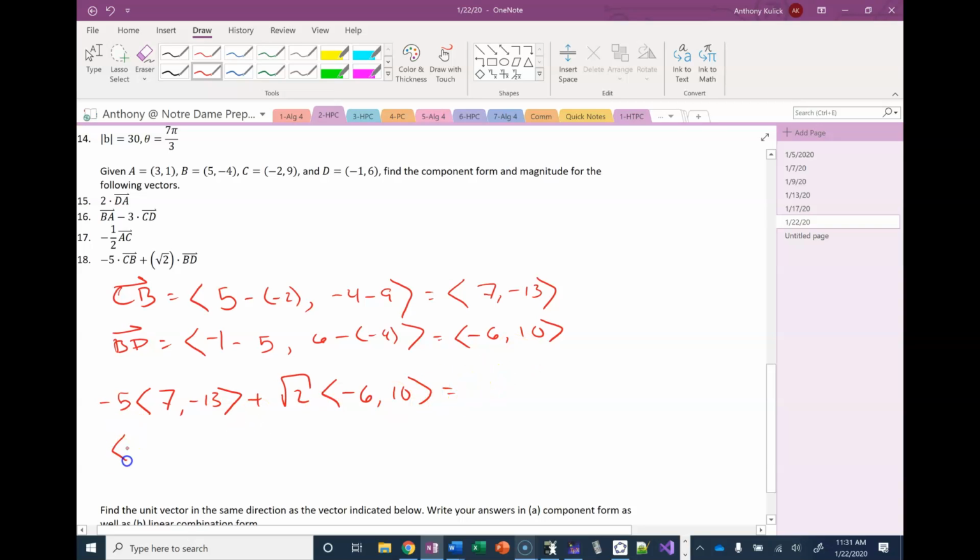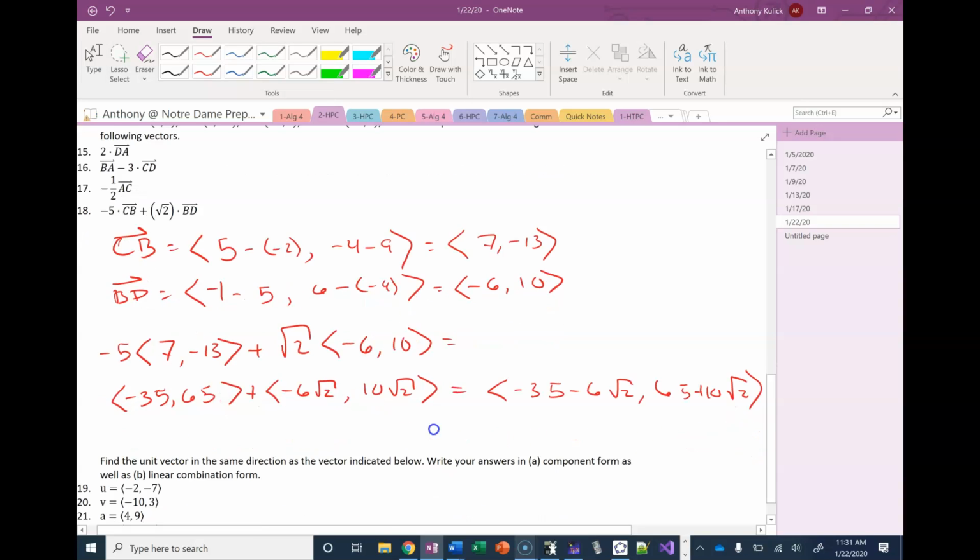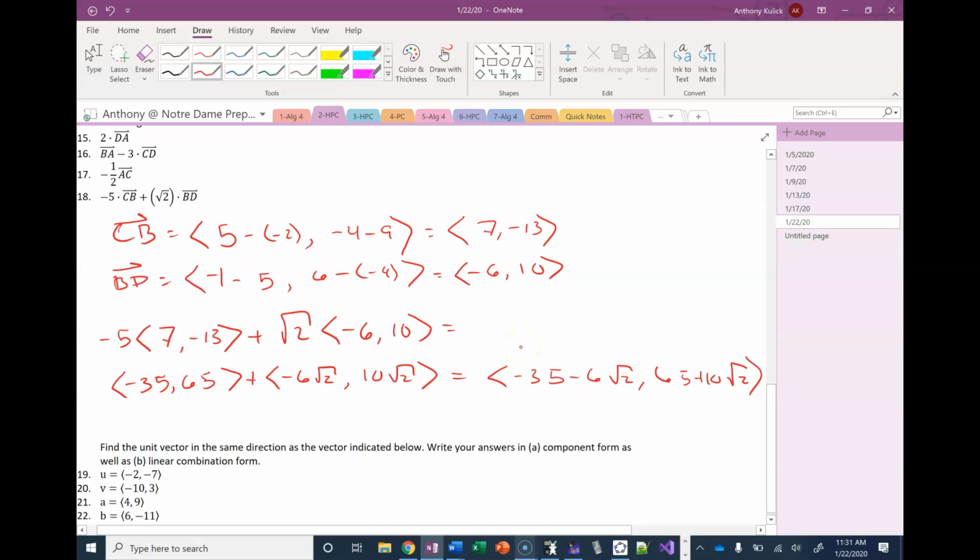So that's going to give me negative 35, comma 65 plus negative 6 root 2, and then 10 root 2. So when I add those together, I'm going to have negative 35 minus 6 root 2, 65 plus 10 root 2. So there's my component form.